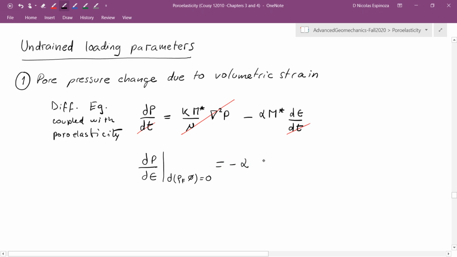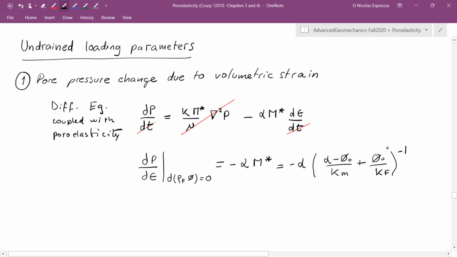negative alpha times the Biot modulus, where the Biot modulus, if you remember, is equal to the Biot coefficient minus the initial porosity divided by the bulk modulus of the matrix, plus porosity divided by the bulk modulus of the fluid, and all of this inverse.